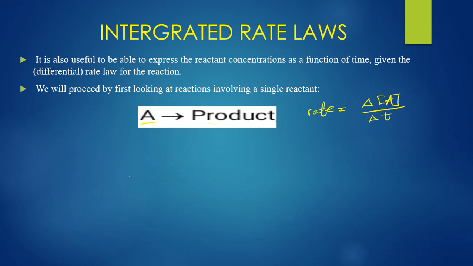But don't forget that this A is decreasing with time in order to form this product. So decreasing, you're going to have a negative there. This is how you come up with the reaction rate for this reaction.